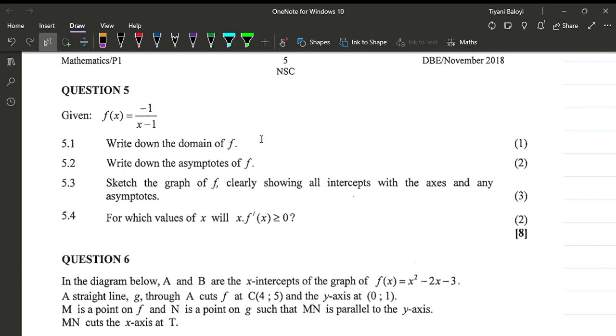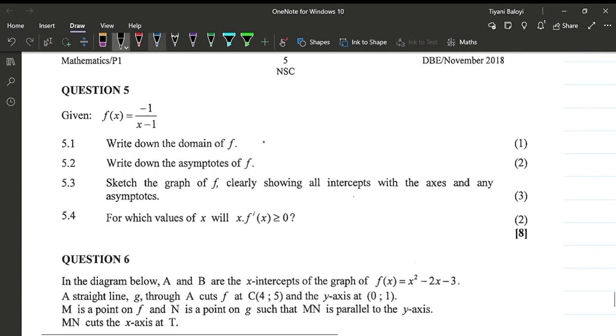We know that the function is not defined along the vertical asymptote, which is x equal to 1.